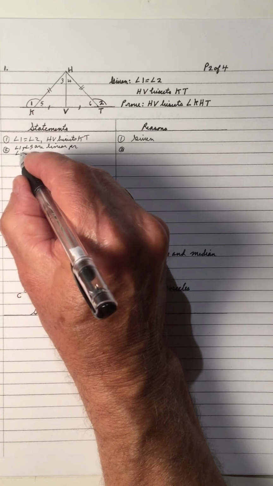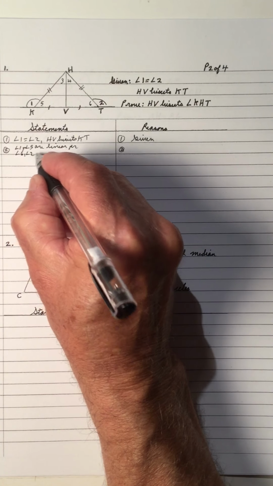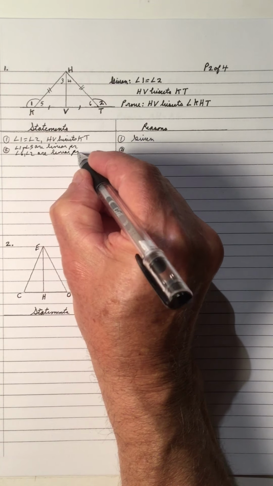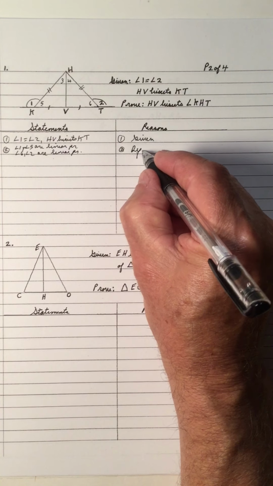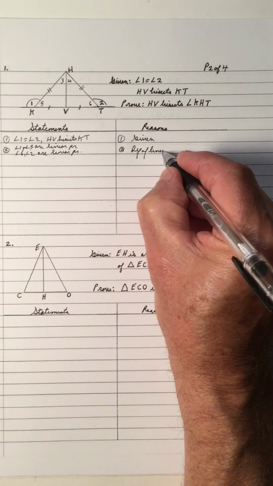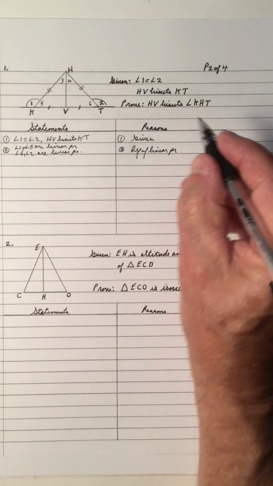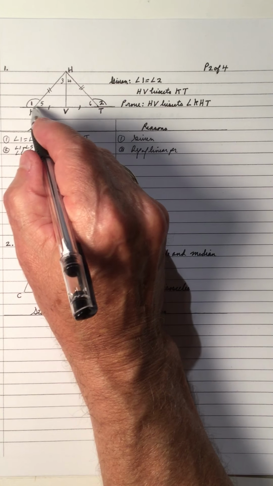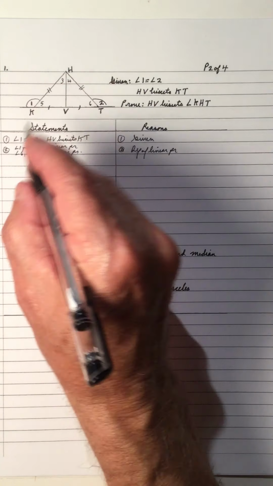Angle 6 and angle 2 are a linear pair. And that's the definition of a linear pair. A linear pair is two adjacent angles that are supplementary, which form a straight angle.